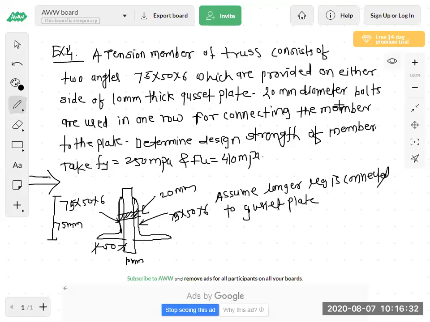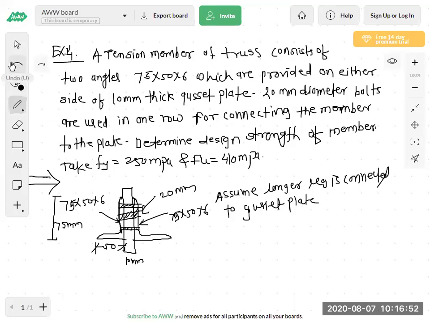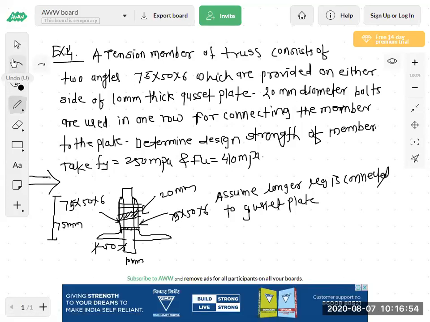The 20 mm diameter bolts are used in one row. So in one row, 20 mm diameter. This is the one row. If I draw here like this, this is another row. If I draw one more bolt here, this is the third row. So these are three rows, but they have told here only one row. So we have to provide these bolts in one row only.